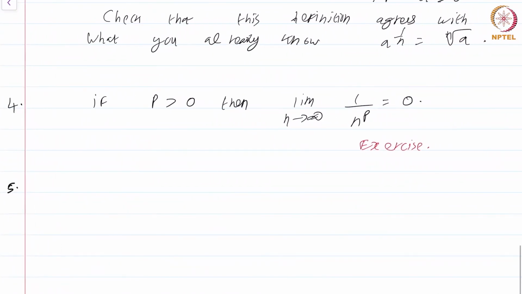Example number 5. If p is greater than 0, then the limit of the nth root of p, n going to infinity, is actually 1. When you take a positive real number and iteratively keep taking the nth roots, you get closer and closer to 1.